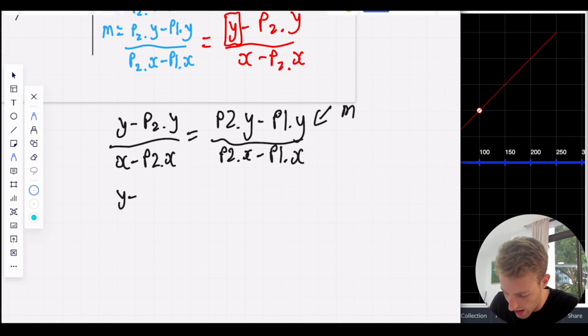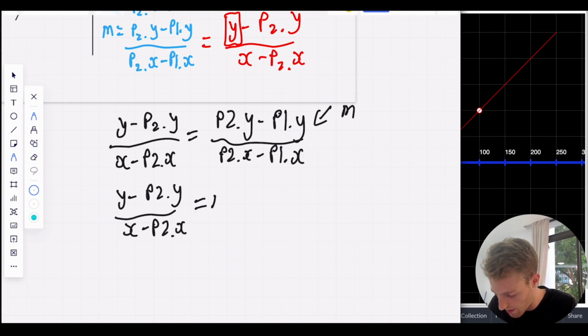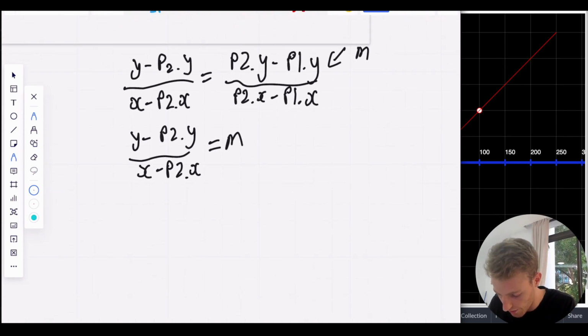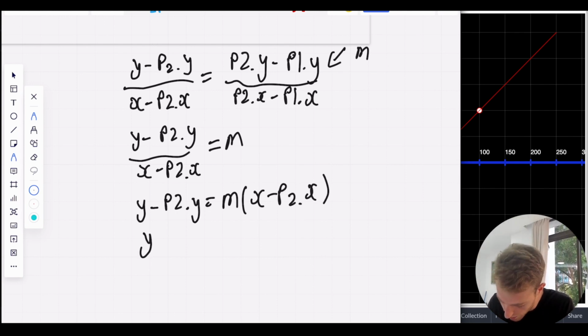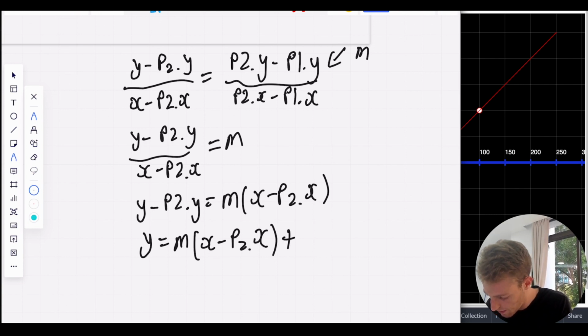So that goes y minus p2.y over x minus p2.x is equal to m, our gradient. Solve for y minus p2.y is equal to m into x minus p2.x. And then if I solve for that finally, I'm going to get y is equal to m times x minus p2.x, plus p2.y.